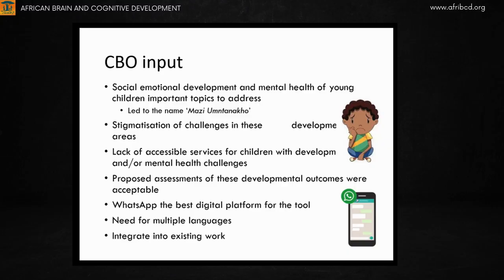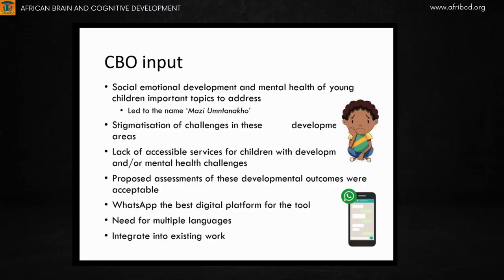Although many of the organizations, when we initially spoke to them, said, oh yes, we are doing these things, when we really went through it in much more detail, they highlighted, okay, well, maybe we're not doing it as much as we thought we would. So it definitely highlighted this was important and needed for them, but also that many of these challenges are still really stigmatized in many of these vulnerable communities.